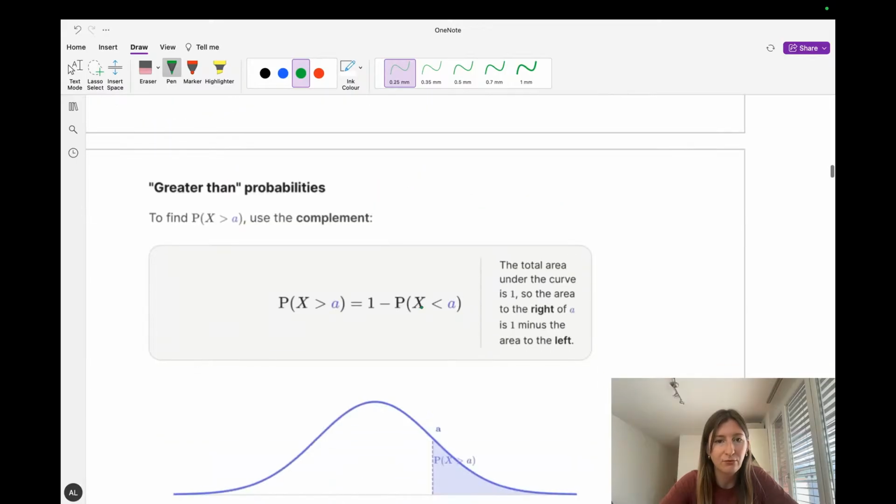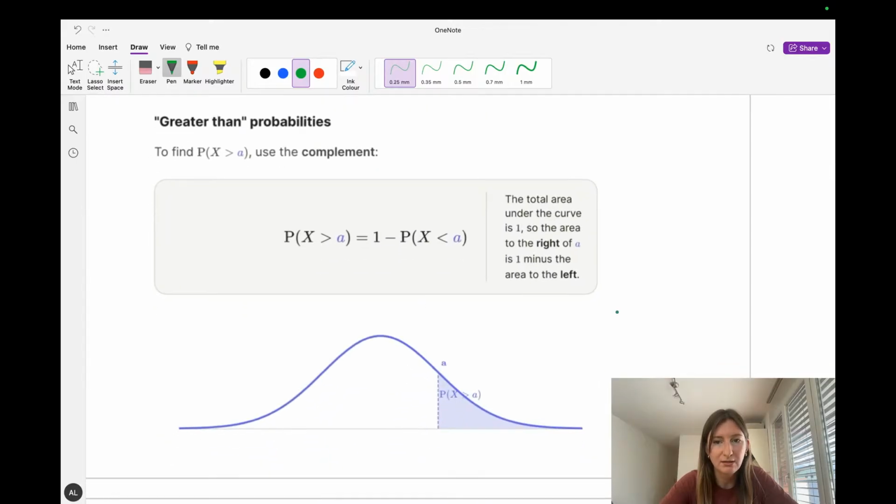If you have greater than probabilities, this is the important part. This is where things get interesting. Your calculator is giving you values that are less than, okay? So if you ask for a value at A, your calculator is going to give you everything less than. So if you want this bit, the bit that's more than, to find that, you need to find this and then subtract it from 1.